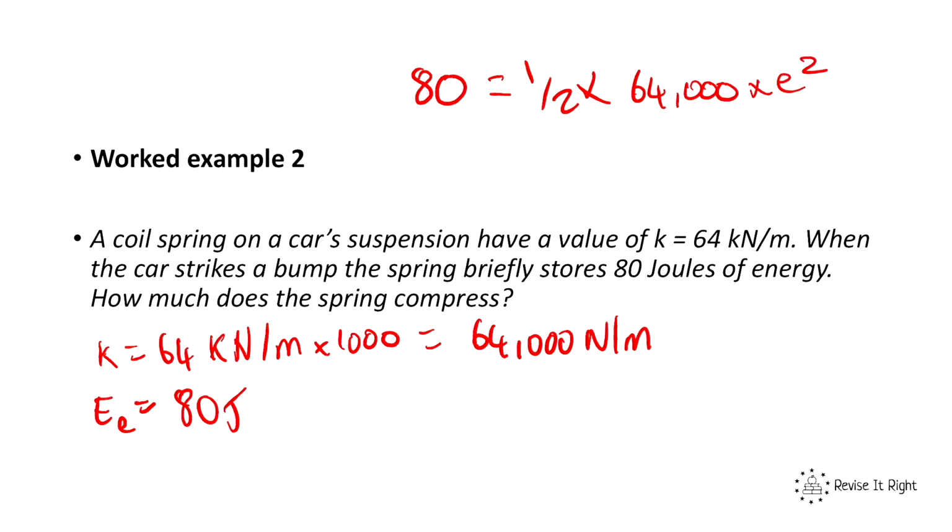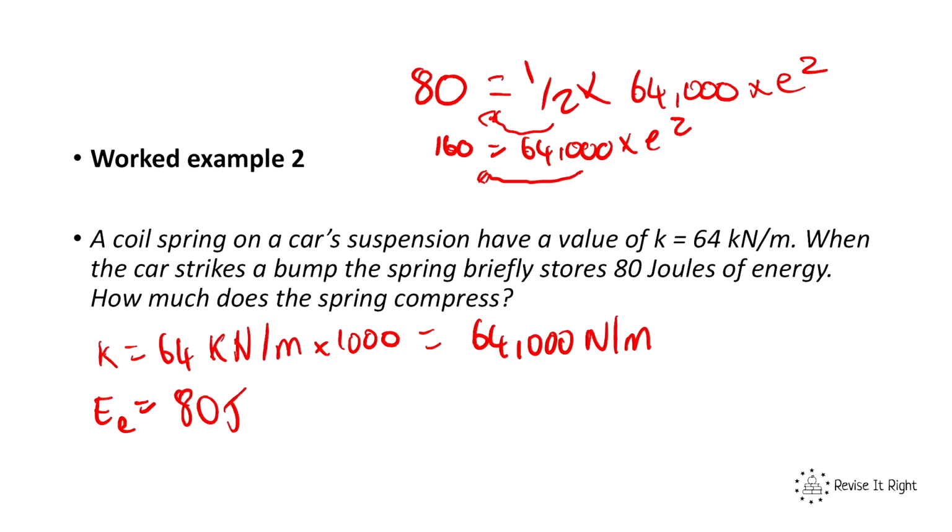So really now we need to get our extension squared on its own. So we can move this to this side. It's a times over here, so we divide. So we do 80 divided by 1/2, which is 160, is then equal to 64,000 times E squared. This is a times over here, so to move it we can divide.